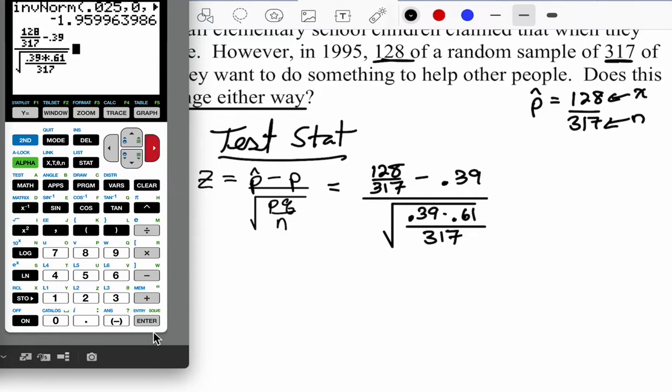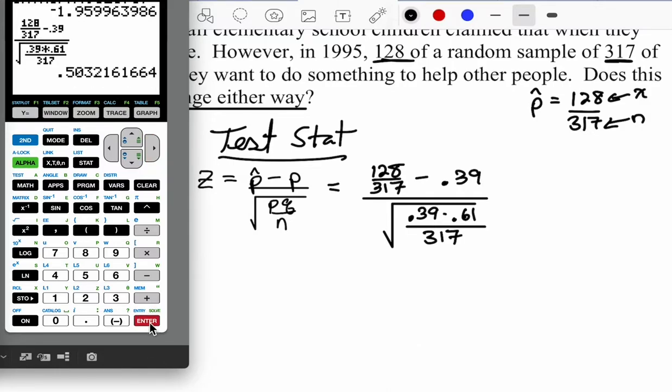All in one shot in the calculator. I don't have to worry about intermediate rounding steps. I get about 0.503. That's nowhere near the negative 1.96, so I'm not concerned.